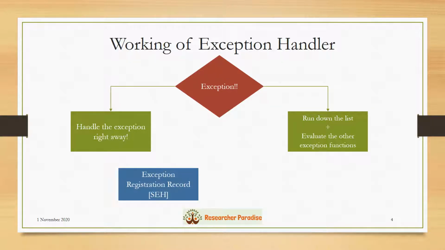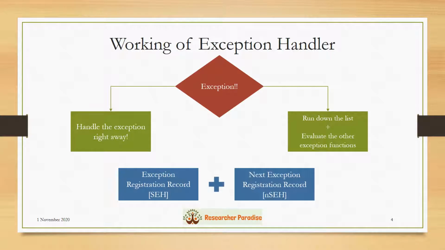Number one, a pointer to the current exception registration record, the SEH, and a pointer to the next exception registration record, or the NSEH. Since our Windows stack grows downwards, you may find that the order of these records is reversed. So NSEH will come first, and then it will move down to SEH.